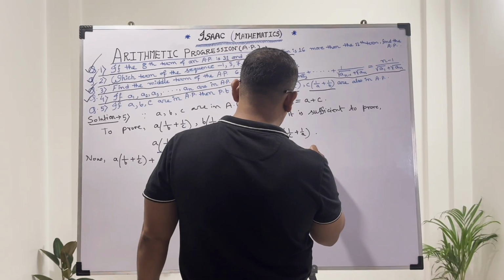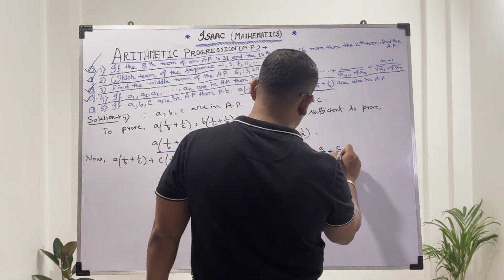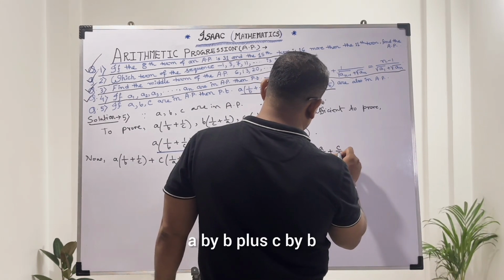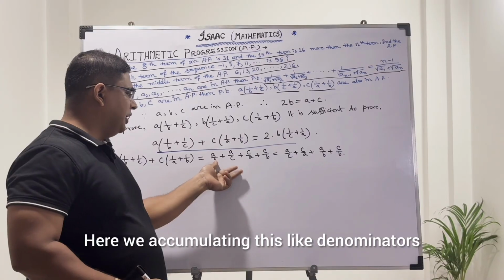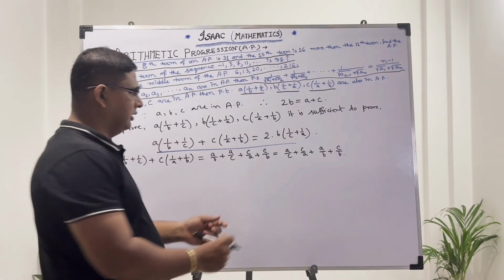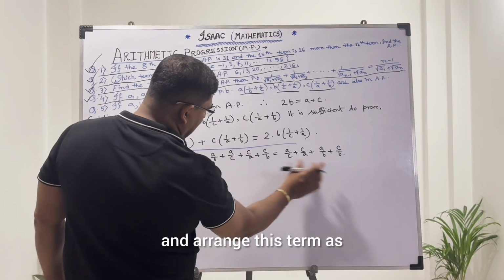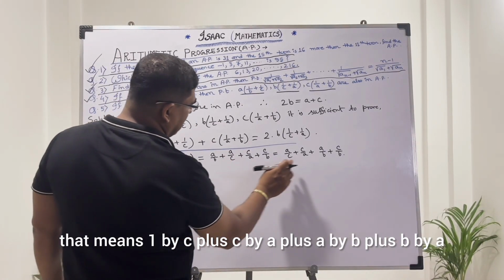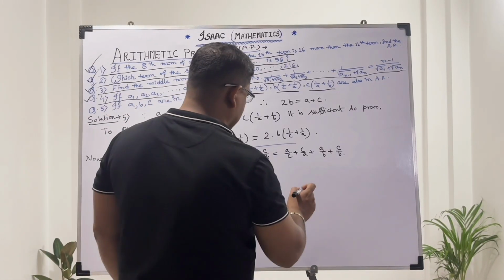A by C plus C by A plus A by B plus C by B. Here we are accumulating these like denominators in this way and arranging this term as A by C plus C by A plus A by B plus C by B.